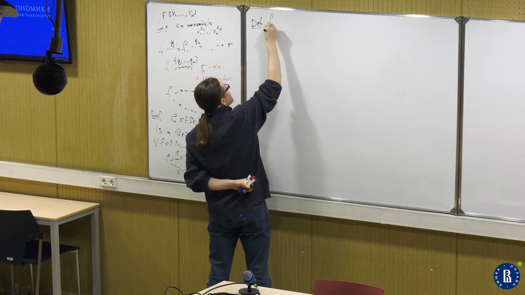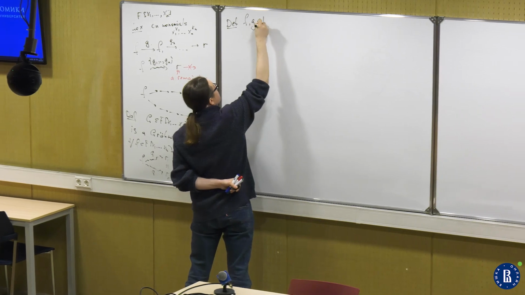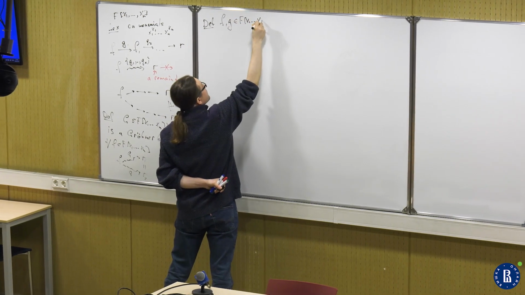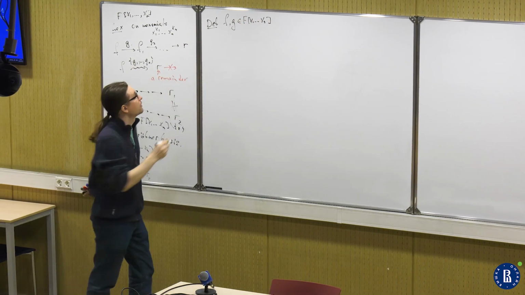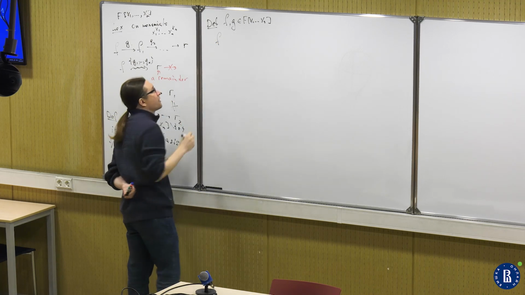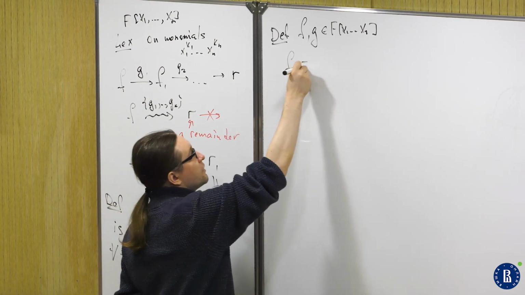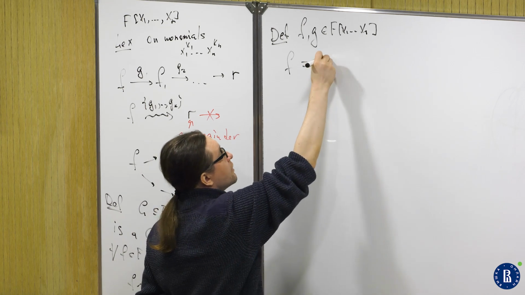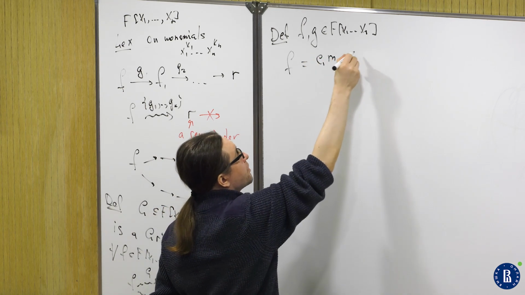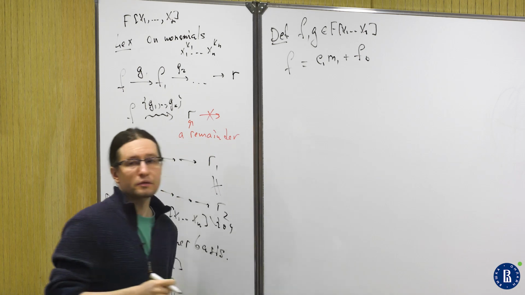Suppose we have two polynomials, f and g. As usual, we can represent the polynomial f as the leading coefficient C1, the leading monomial m1, plus the tail of the polynomial f.